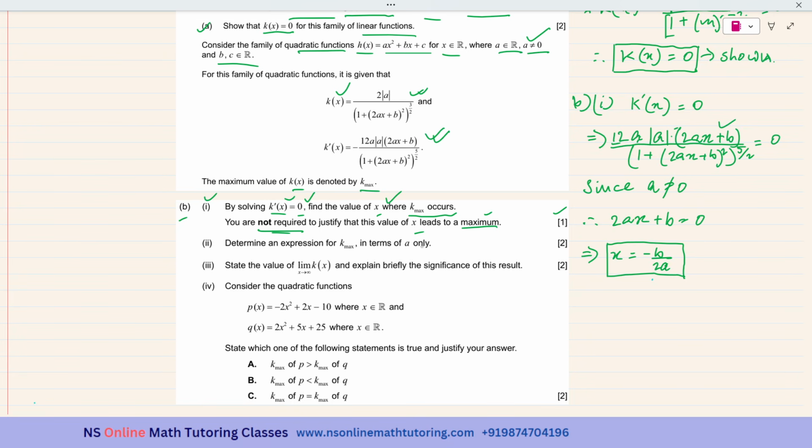Fine, it carried just a single mark. Determine an expression for k max in terms of a only.